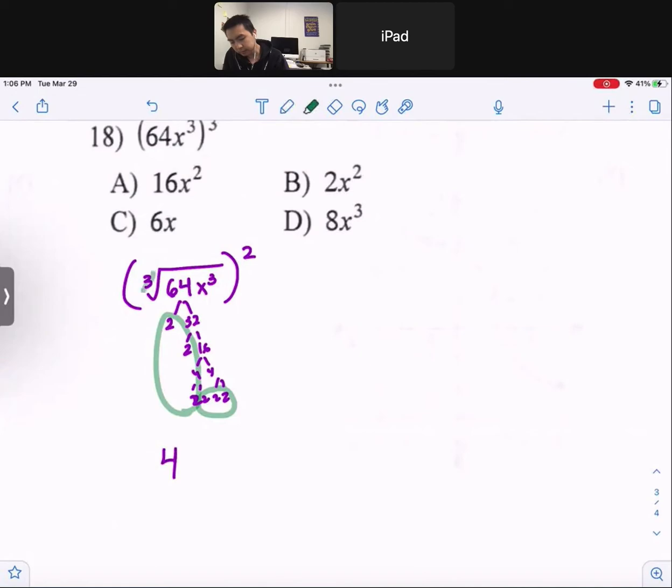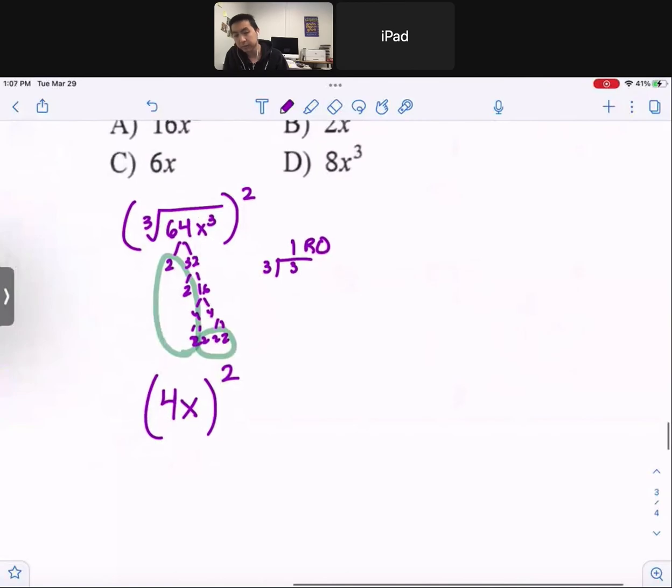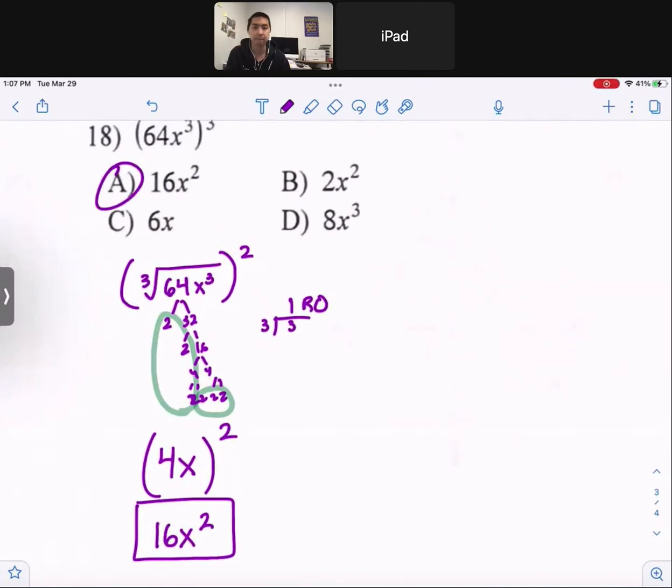And how many times does this exponent of 3, this index of 3, go into the exponent of 3? Once, with no remainder. So it's just going to be 4x, all raised to the 2nd power. So 4x times 4x, that's 16x squared, which is A.